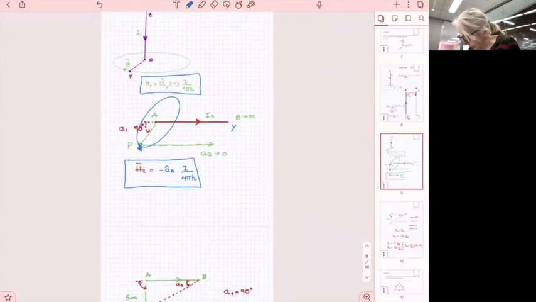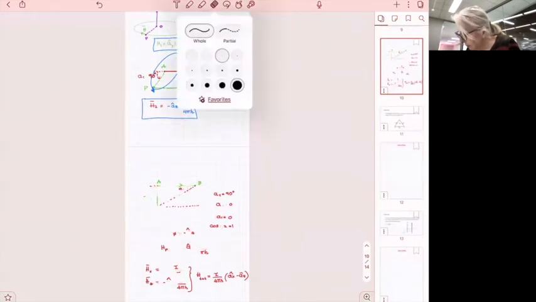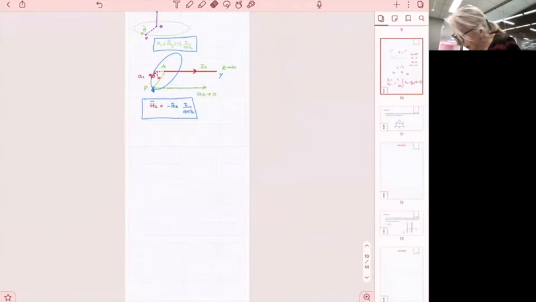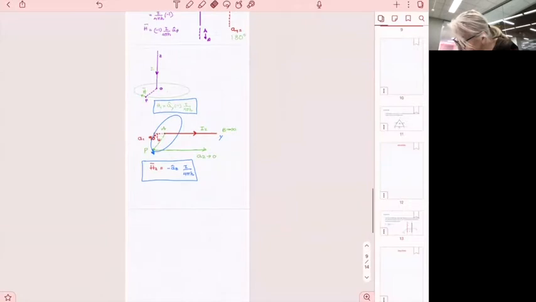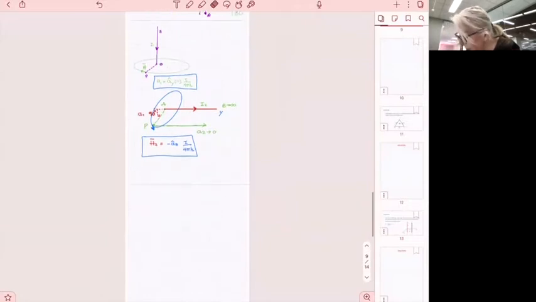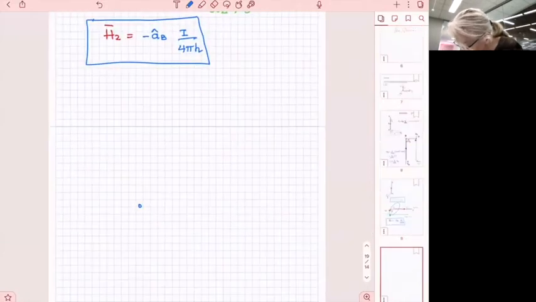And if we were to get rid of this for a moment, then what we would have at point P is two components for H. So if this is Z, just one second, let me finish this problem.